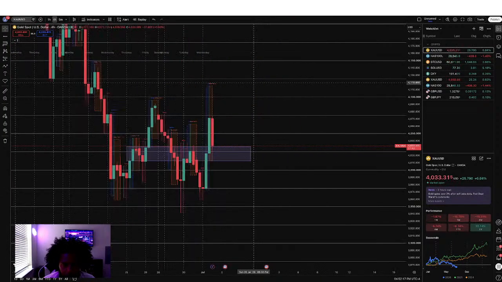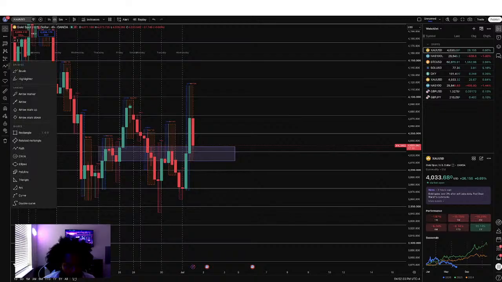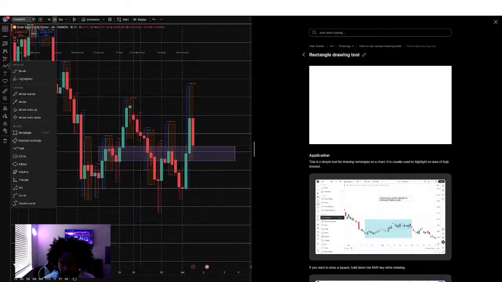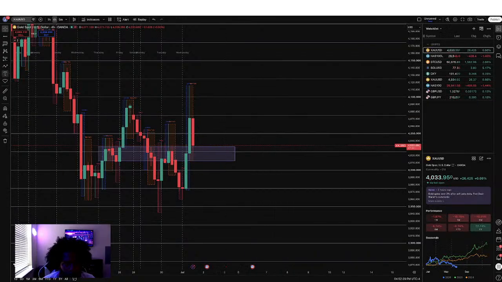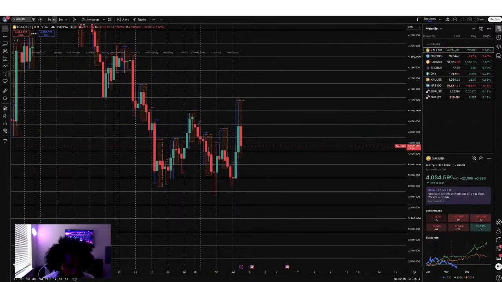4 hours still bearish. This just looks like liquidity right here. All right, so looking at gold right now.